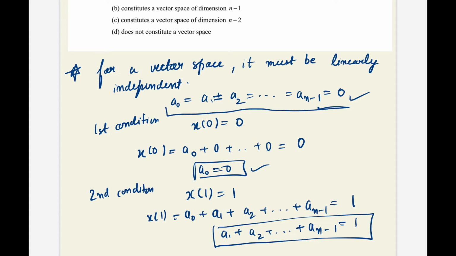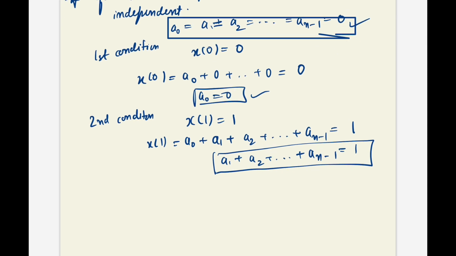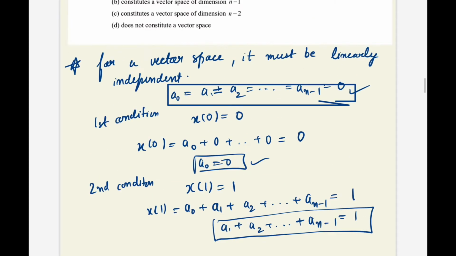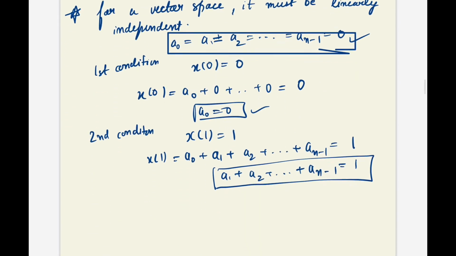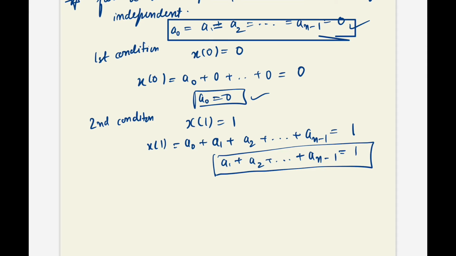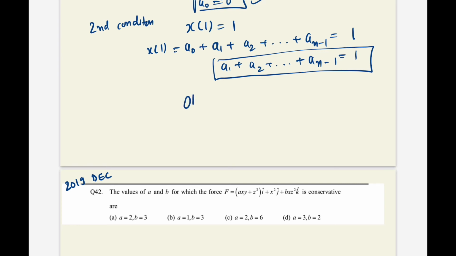So finally it does not constitute a vector space, because from the given condition in the question, both conditions must be satisfied. Therefore this does not constitute a vector space. Option D will be correct.